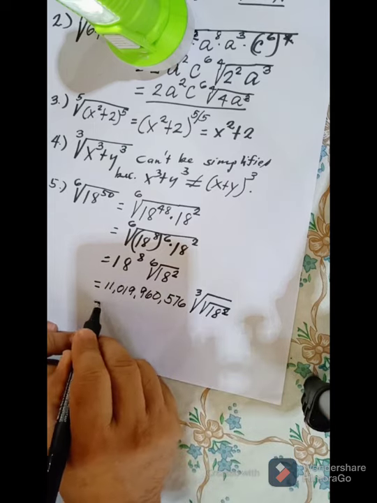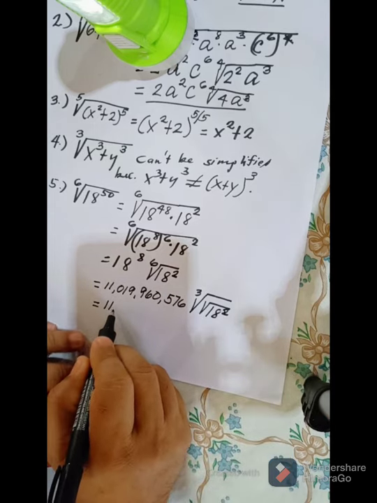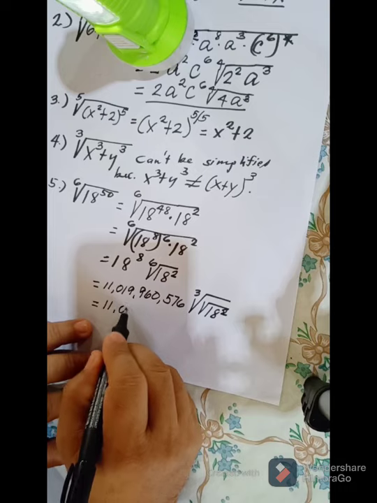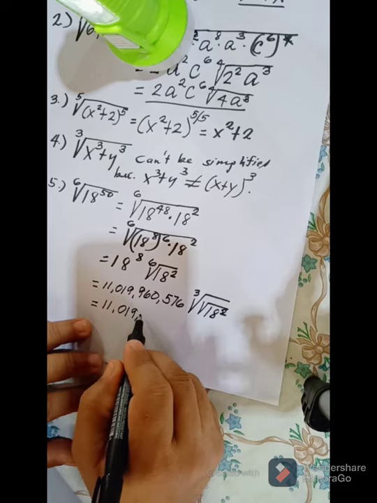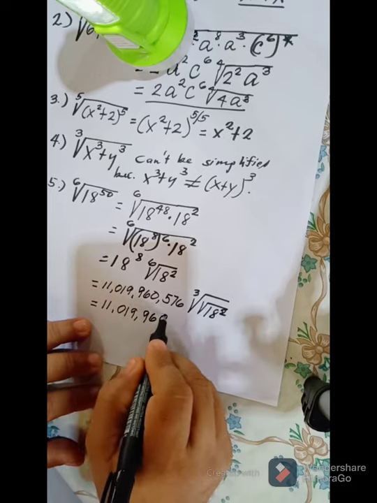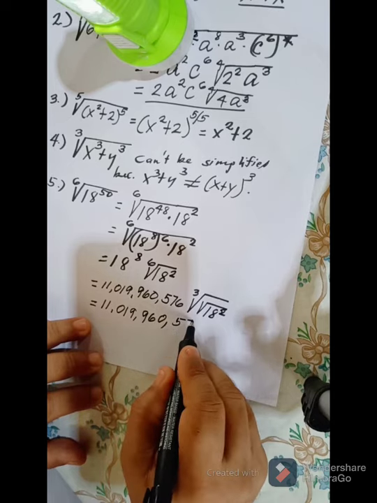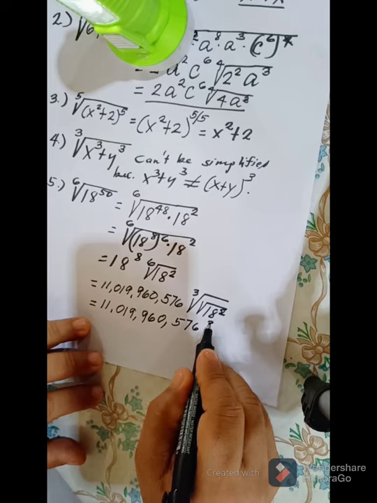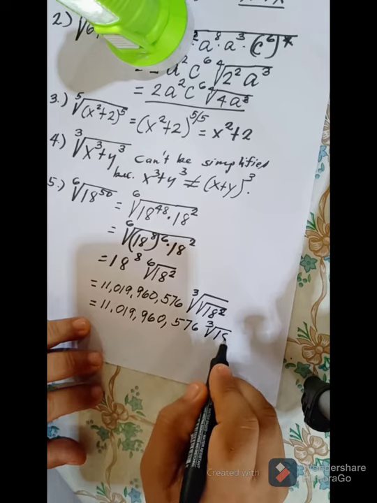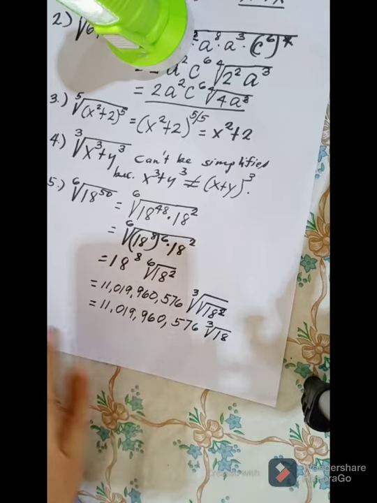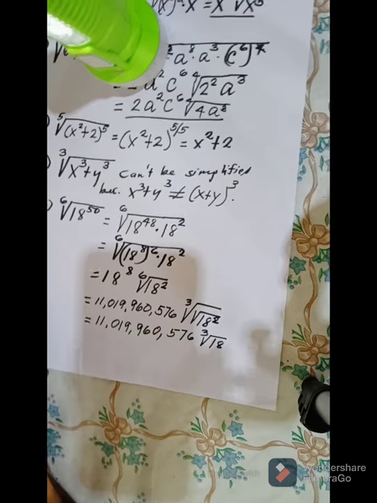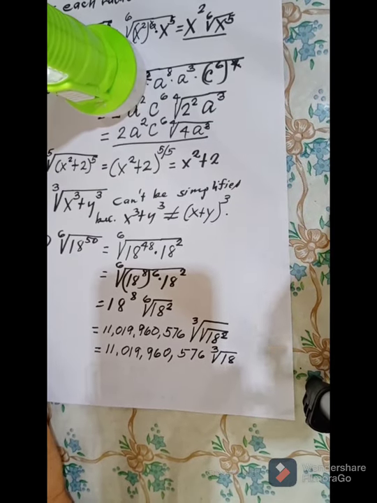So the final answer is 11 billion 19,960,576 cube root of 18. This is as far as lesson 1 is concerned.